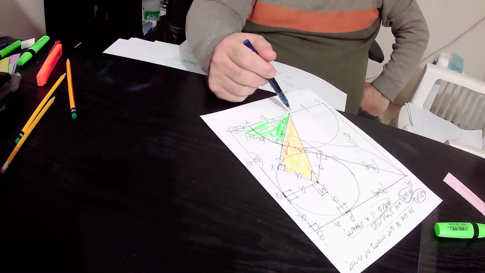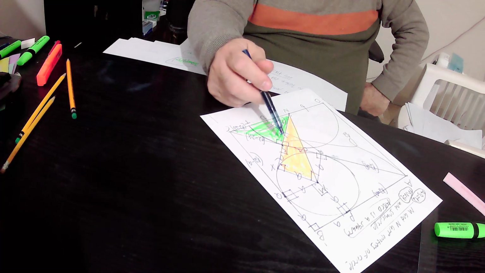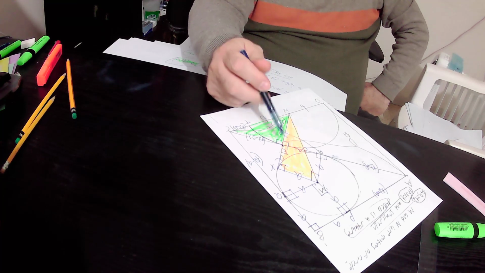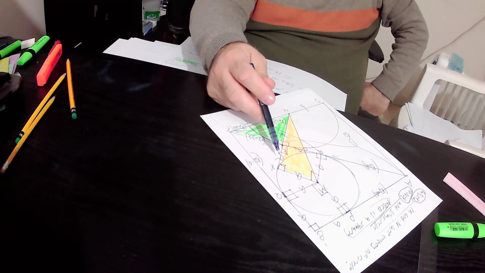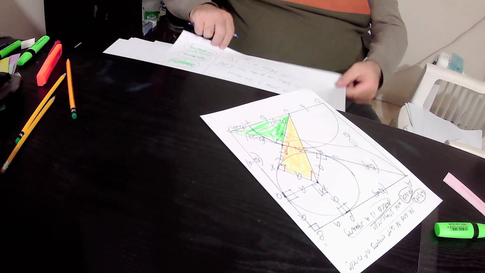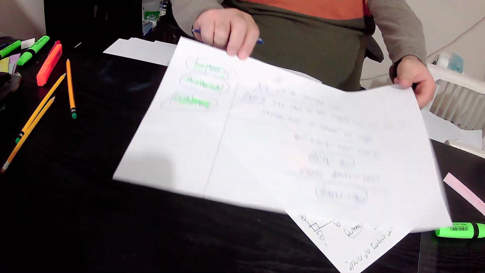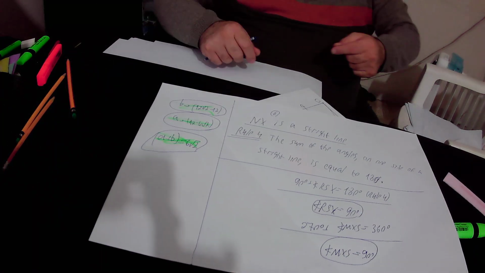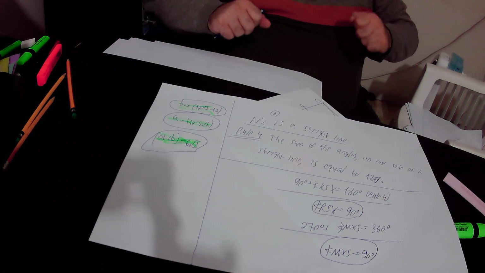So the result of the extension is NX, and NX must still be a straight line. So we can write down that NX is a straight line.